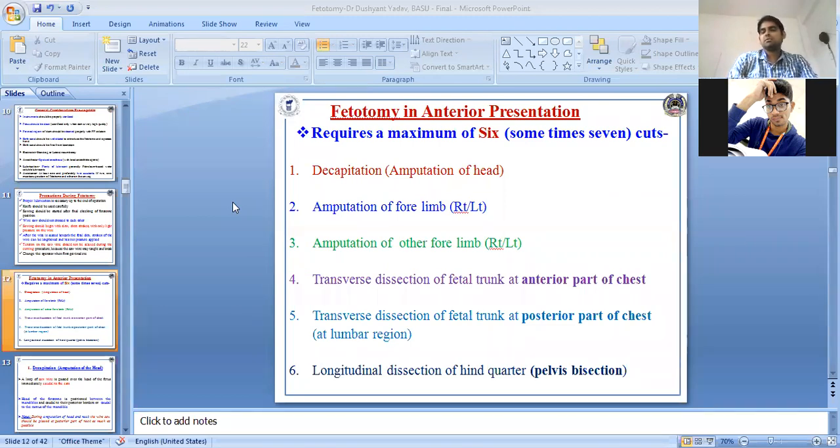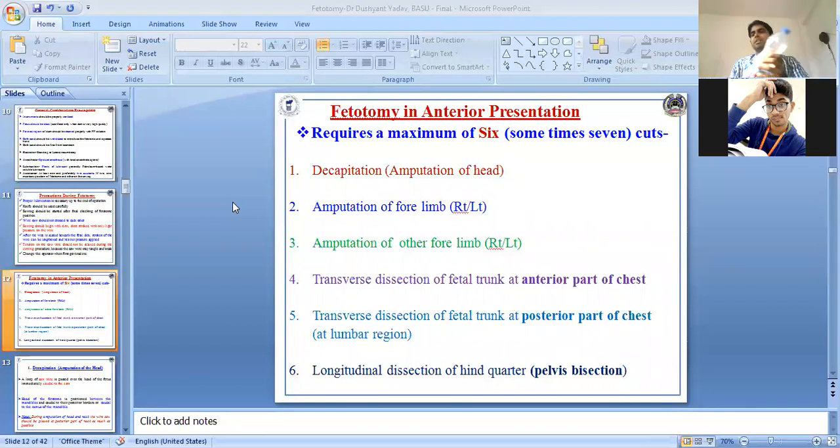Decapitation of the head means the amputation of the head, then amputation of the forelimbs, one and then the other, then transverse dissection of the fetal trunk in the anterior part and in the posterior part, and the longitudinal dissection of the hindquarter.